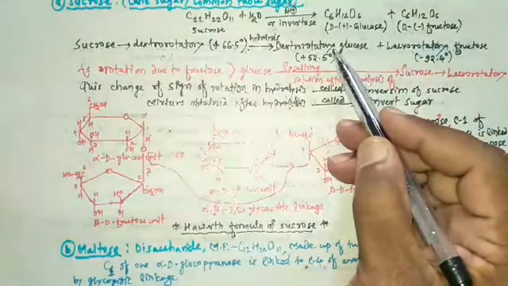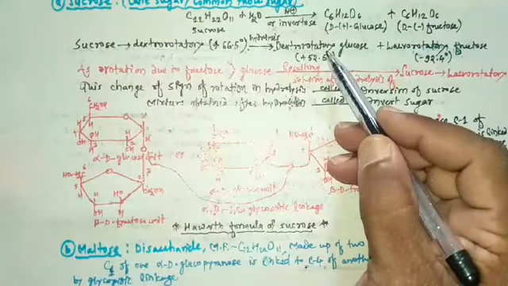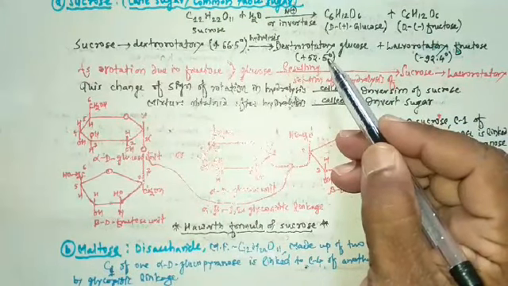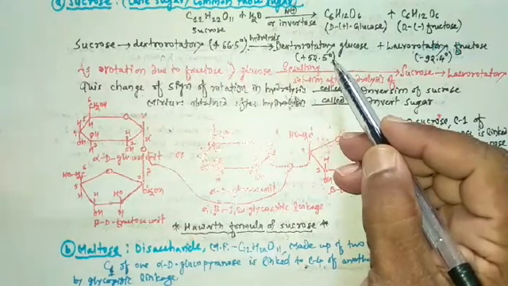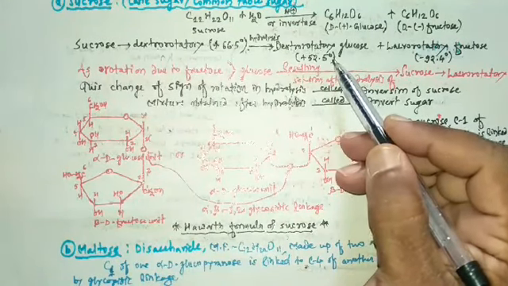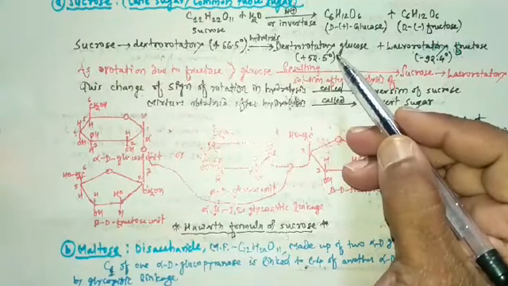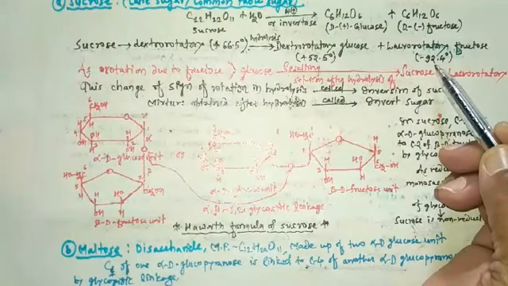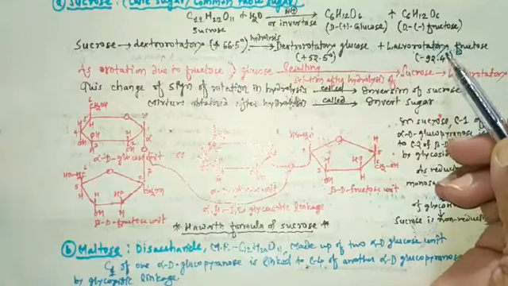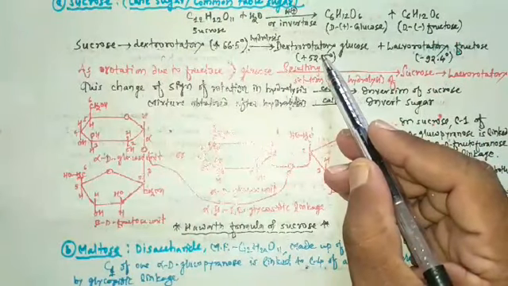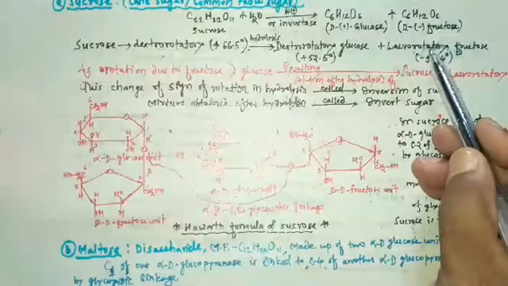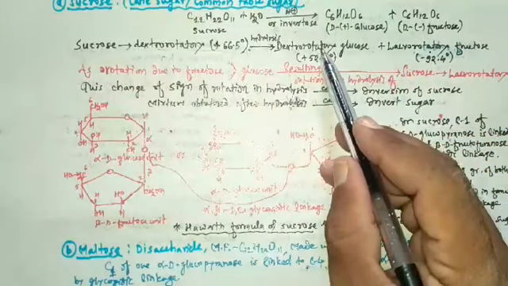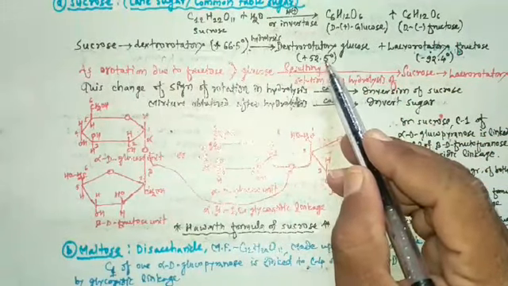The rotation due to dextrorotatory glucose is about 52.5 degrees, while the rotation due to levorotatory fructose is about minus 92.4 degrees. So the rotation due to fructose is more, 92.4, and the rotation due to glucose is 52.5.